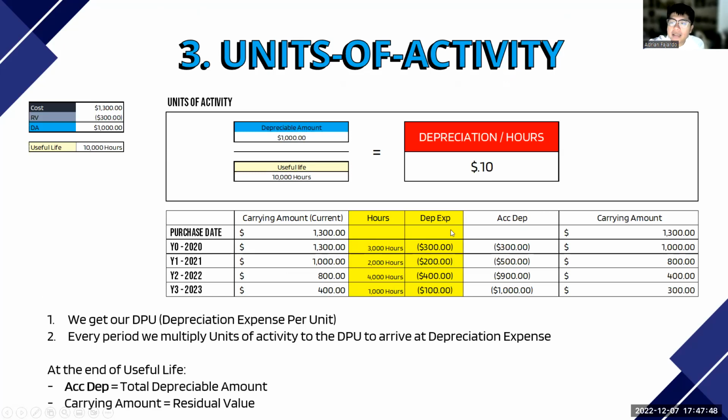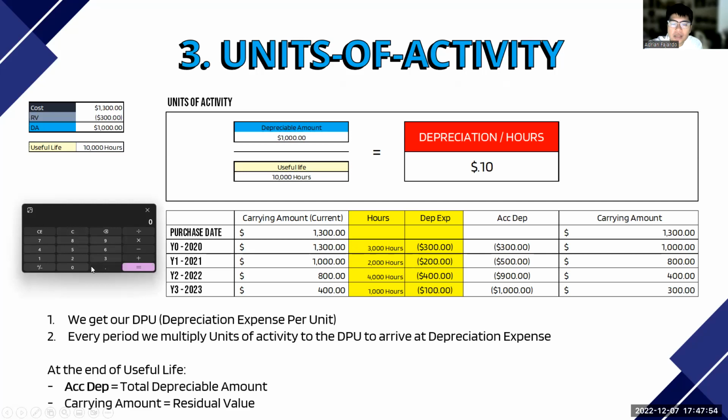So how do you calculate depreciation expense? Basically, it's just DPU of 0.10 times 3,000 hours. So 300 is your depreciation expense in year 1. Let's go to year 2. DPU of 0.10 times the units for that year, which is 2,000. So 200. So that's all.